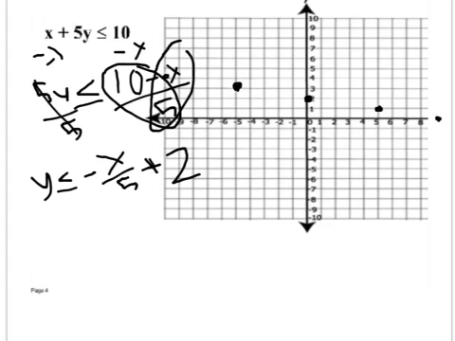Someone tell me, is this a solid line or a dashed line? Solid because of the equal to, right? Because it's less than or equal to, so it's a solid line.